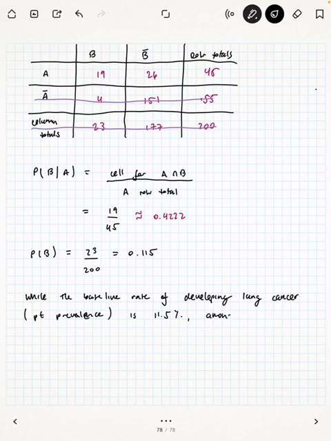Among e-cig users, at least in this study, this rises to 42.2%, which is a significant jump. And that's what conditional probability is telling us. And we're going to formalize what that means in a future video.